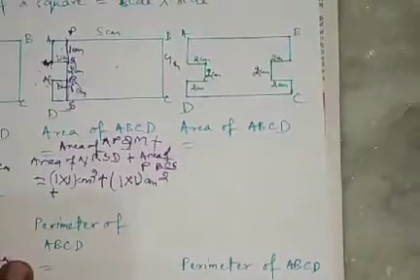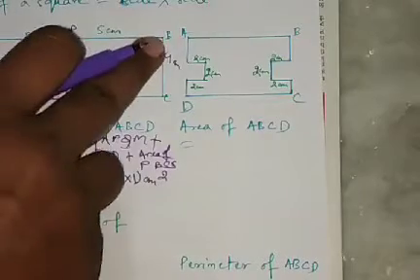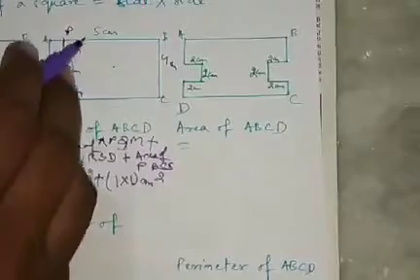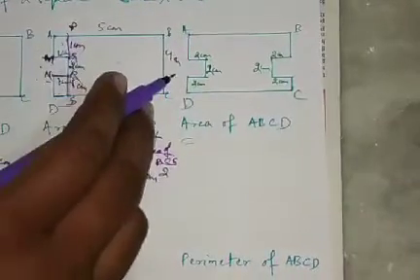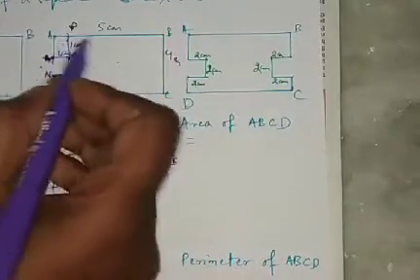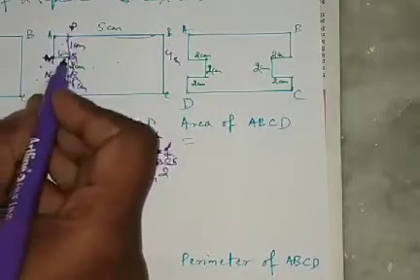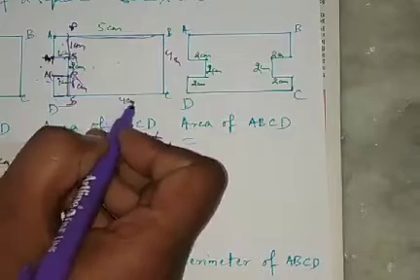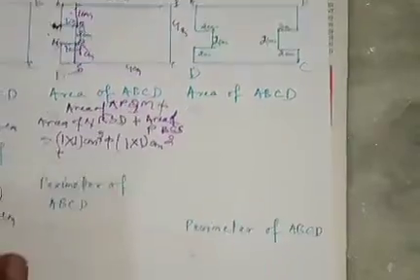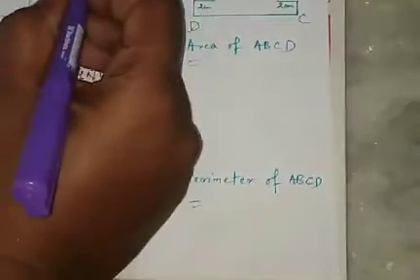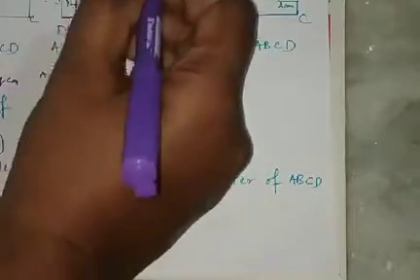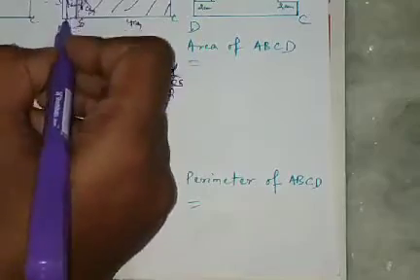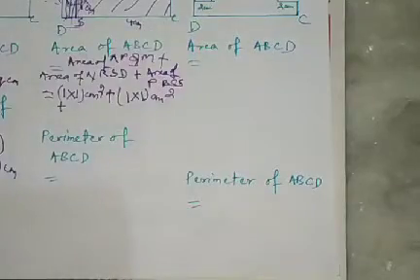area of PBCS. Now this is not 5 centimeter, 1 centimeter has gone, so this is 4 cm. So you will write 4 into 4. Now you are finding one area here, one here, one here; we have 3 different figures.